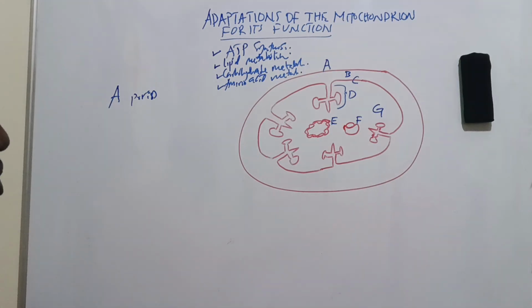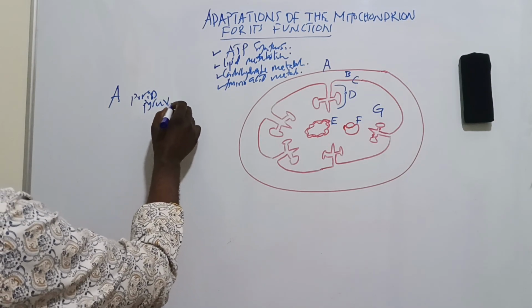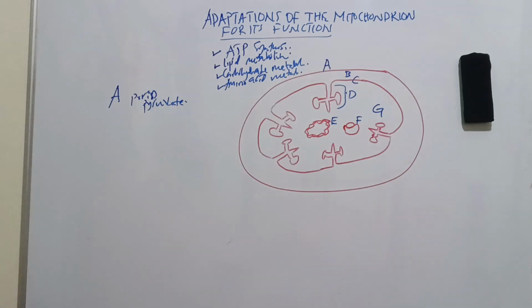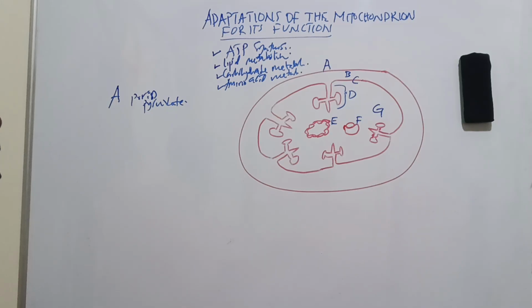For example, raw materials such as pyruvate. Pyruvate is an important raw material for the mitochondrion. It is metabolized to form the substrates, for example acetyl coenzyme A, which is the only substrate for the Krebs cycle if it is to function towards ATP synthesis.